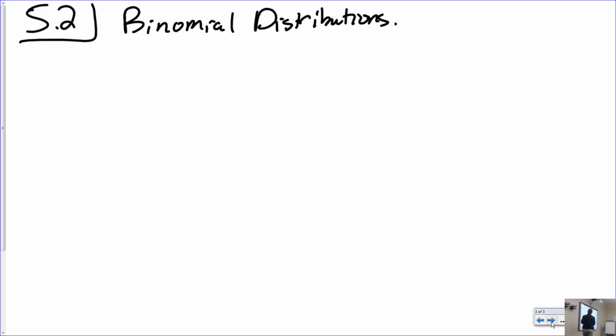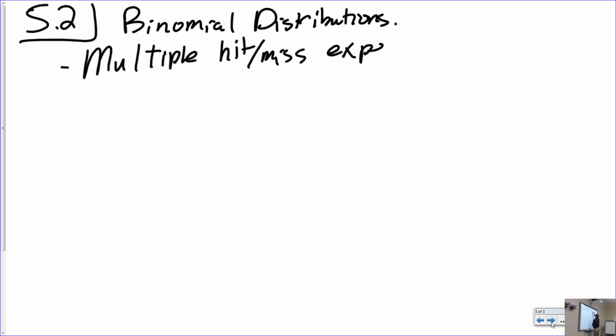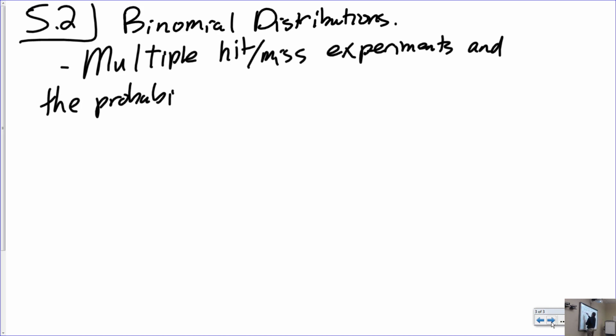So binomial distributions, what these are are multiple hit or miss experiments, and the probabilities that may occur.